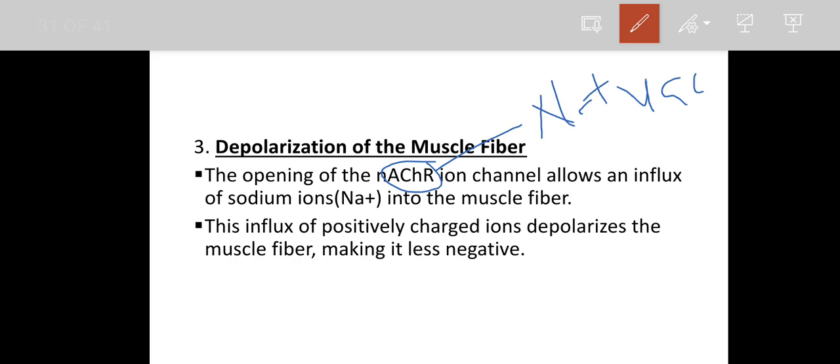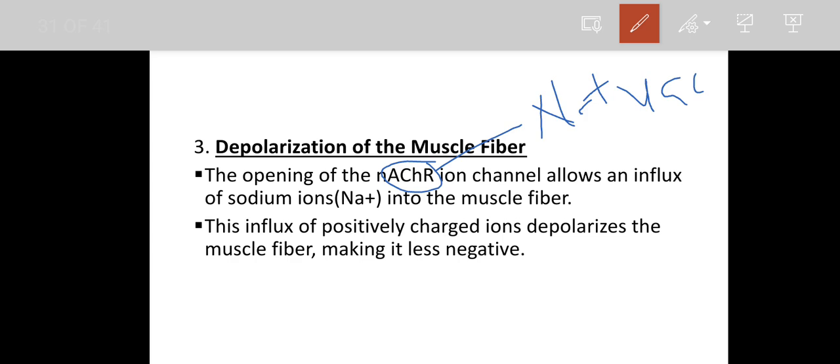Influx means inside movement of ions, meaning ions are moving from outside to inside. So this allows an influx of sodium ions into the muscle fiber. This influx of positively charged ions depolarizes the muscle fiber, making it less negative, or more positive.